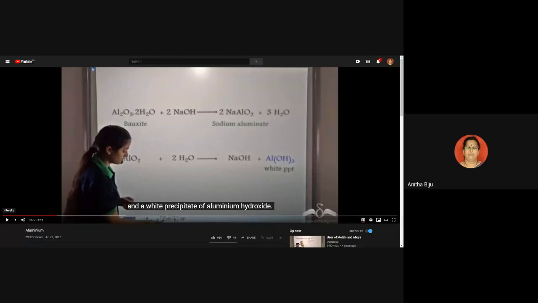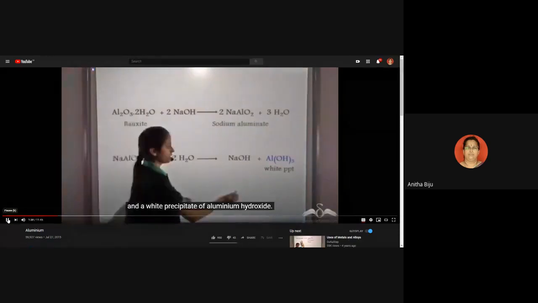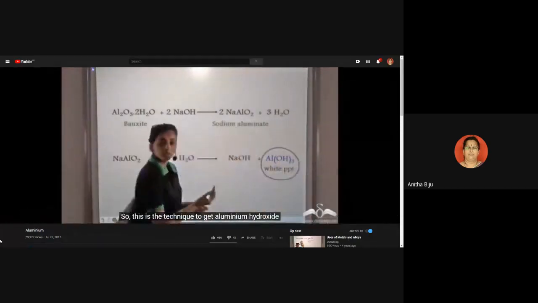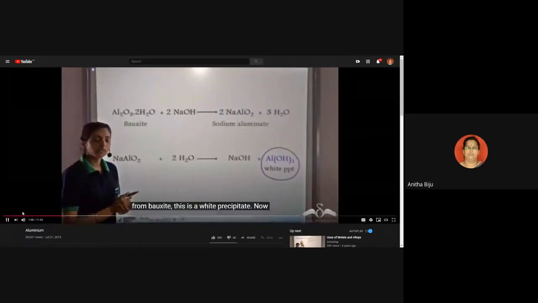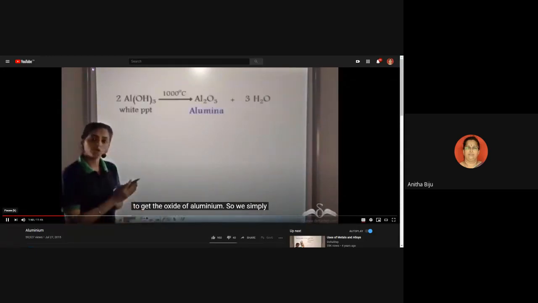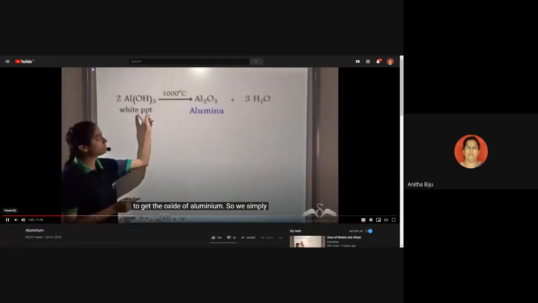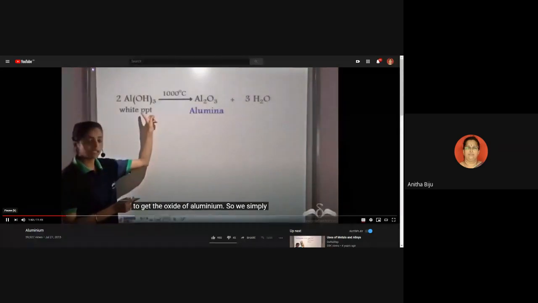Written. Let us continue. So this is the technique to get aluminium hydroxide from bauxite. This is a white precipitate. Now from aluminium hydroxide, it is very easy to get the oxide of aluminium. So we simply heat aluminium hydroxide, but the temperature is very high.